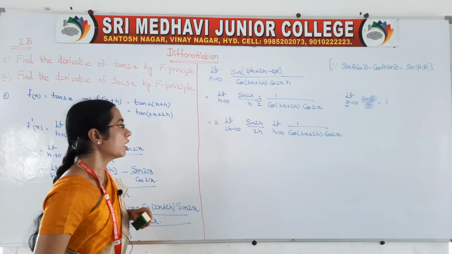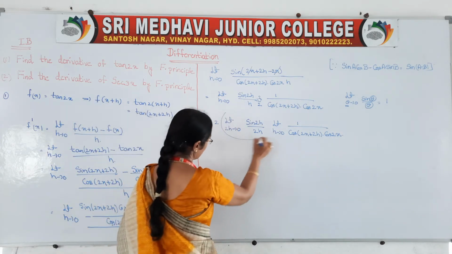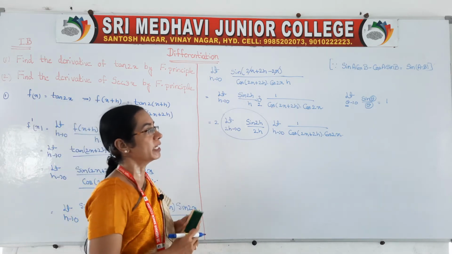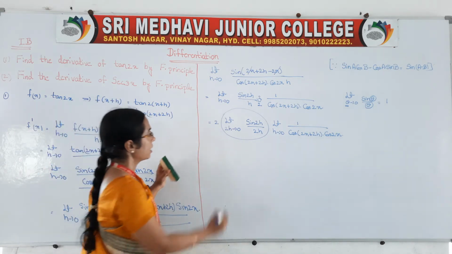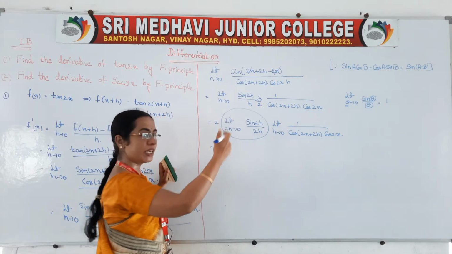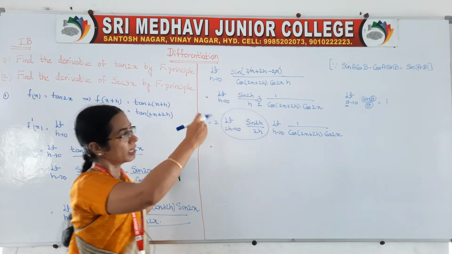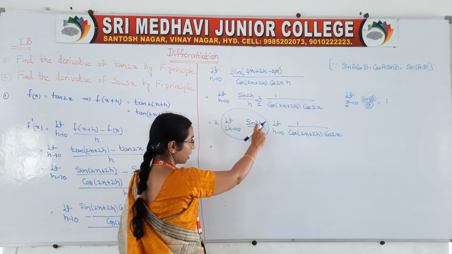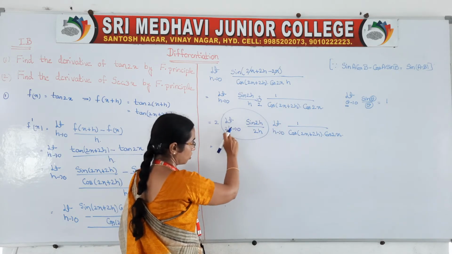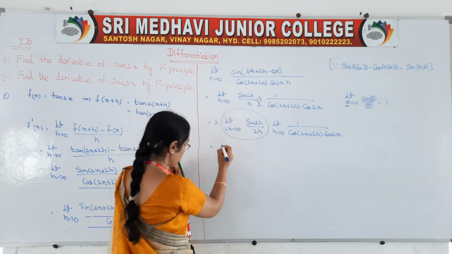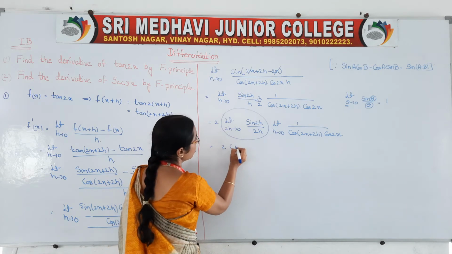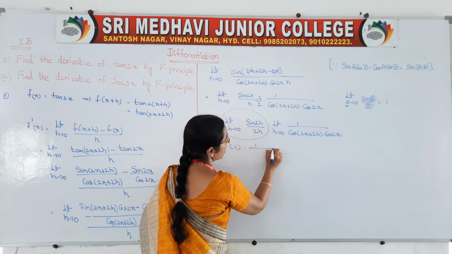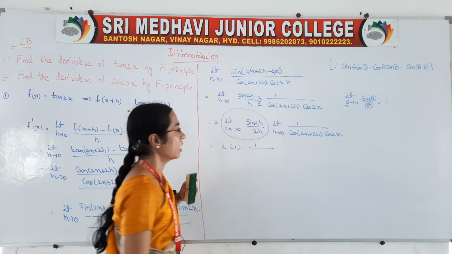Now if you observe this formula, limit theta tends to 0 of sin theta by theta is equal to 1, and theta can be any value there. Instead of theta, you have sin 2h by 2h, with 2h tends to 0. So it is 2 into 1 into, now apply the limit value of h here.